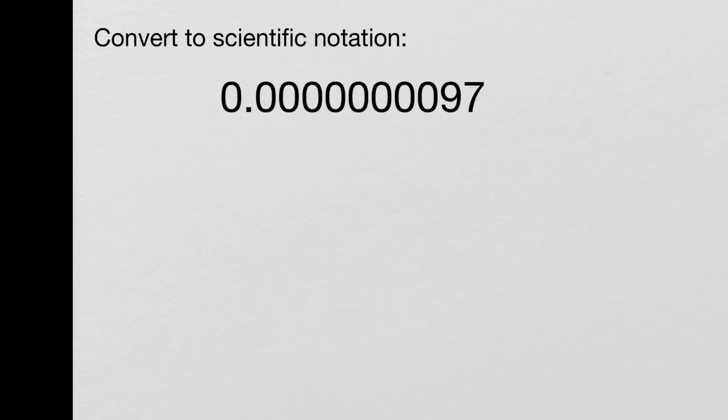Then we take our decimal place and we start jumping over. So 1, 2, 3, 4, 5, 6, 7, 8, 9. So we jumped over 9 places. Okay. All right. Now we write down the number 9.7.